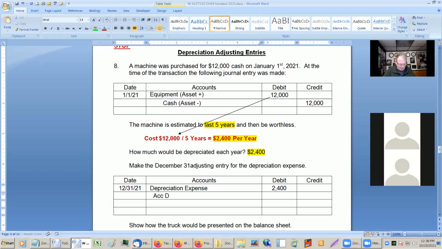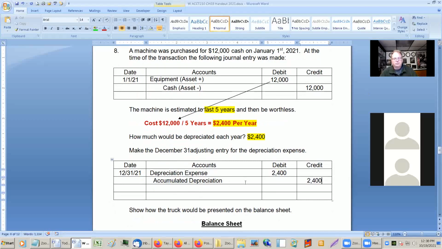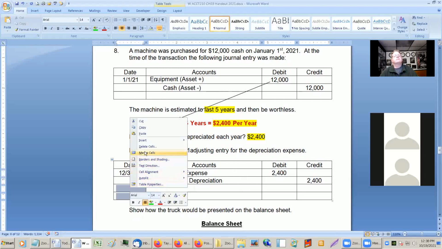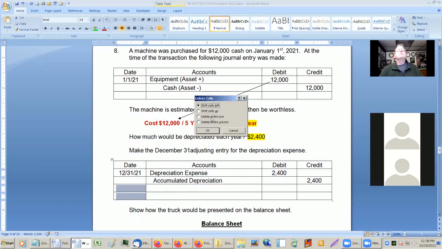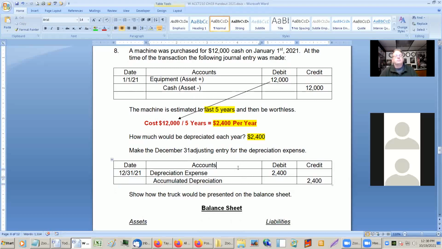And then accumulated depreciation is 2,400. So this is our journal entry.